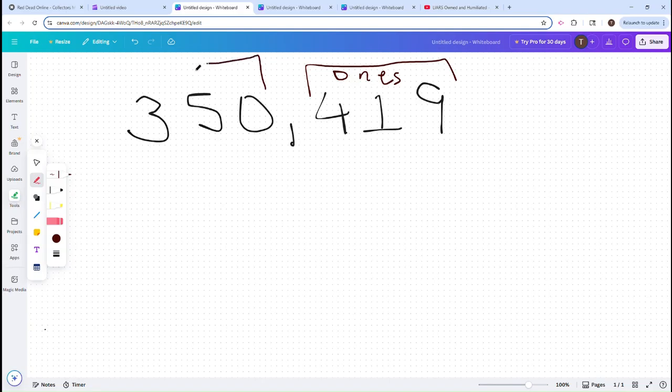This next group is called the thousands. And everything from thousands on makes sense. This one might not, because it's not a million or a billion or a trillion or a quadrillion. It's the ones, but that makes sense because it has literally the ones, the 10 times ones, and the 100 times ones.